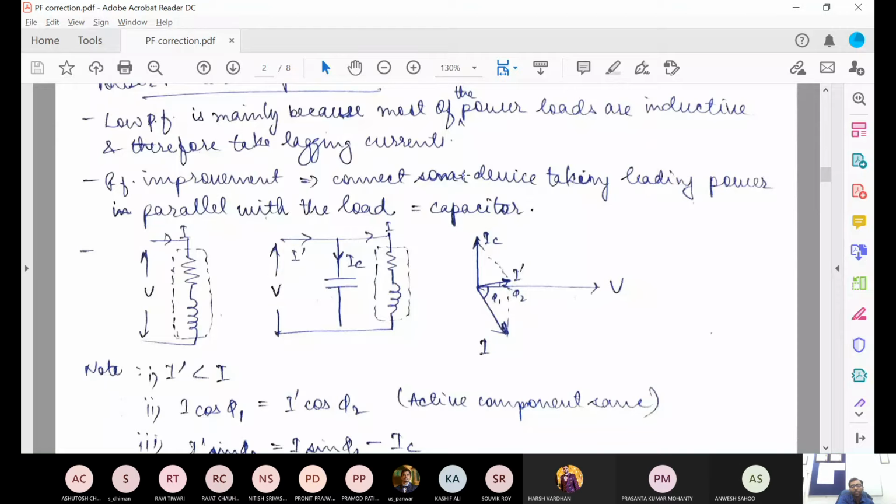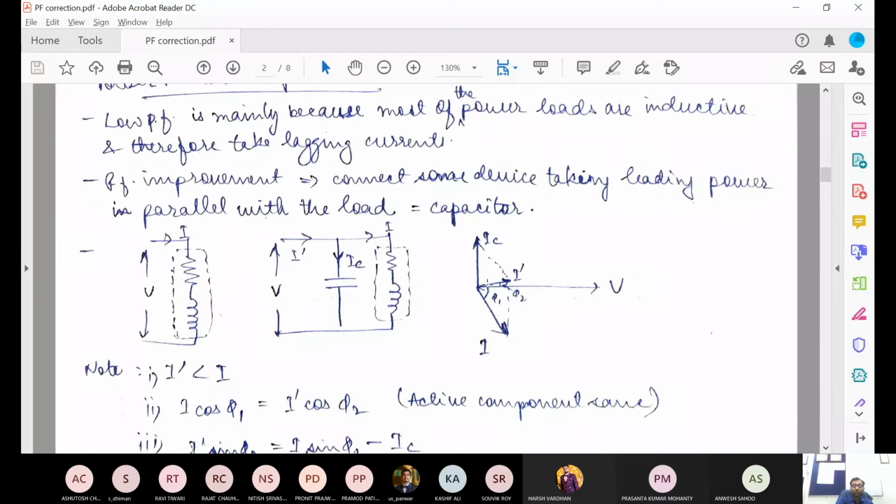But the basic principle remains the same: whatever the nature of the load, if it is lagging in nature, then you need to supply a leading load to cancel it out. If the original loads are capacitive in nature, then you need to supply an inductive load. So if this I, the initial load current, had been leading, we would have added an inductor and cancelled it out by supplying a lagging load.